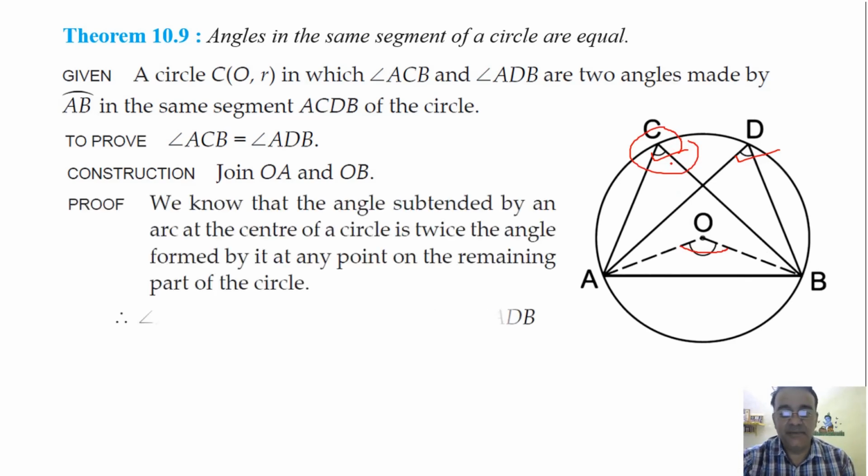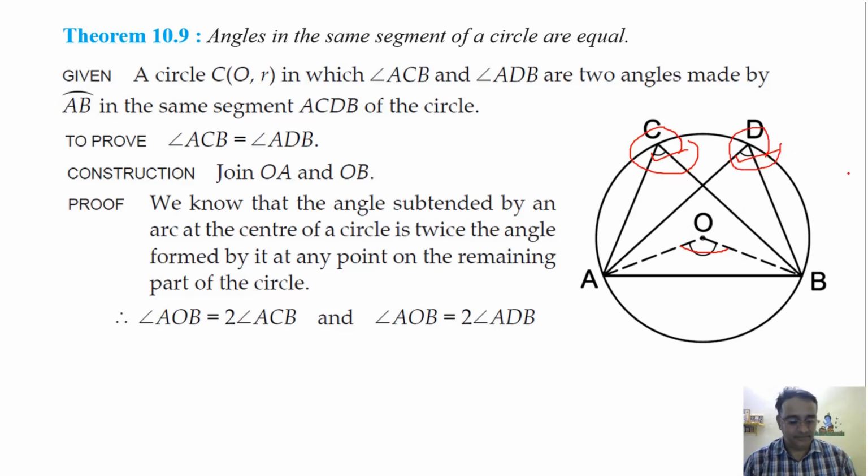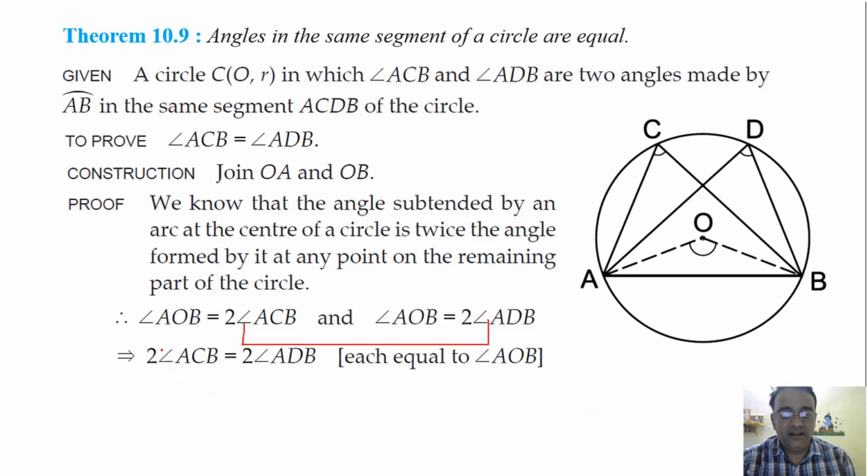Right? Similarly, angle AOB is 2 times angle ADB. Is this clear? Yes, sir. So therefore these two are equal. And if we cancel these two, we'll get angle ACB is equal to angle ADB. Any doubt? No, sir. Okay.